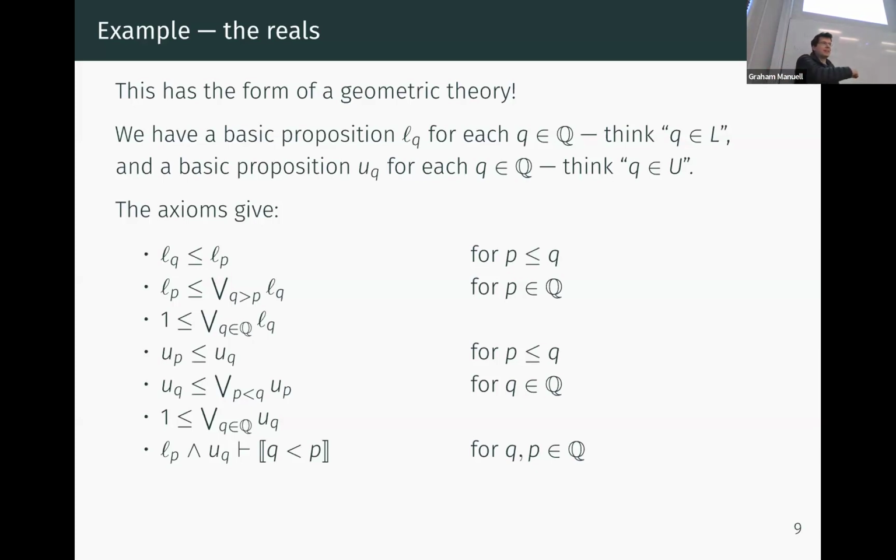So either Q is less than P or Q is greater than or equal to P. And if Q is less than P, then this is something implies true, which always holds. So we can throw that away. So we just need to consider the case that P is less than or equal to Q, and in that case, this is false. So we can say that this meet is less than or equal to 0 in the case that P is greater than or equal to Q. Okay. Any questions? Is that reasonable?